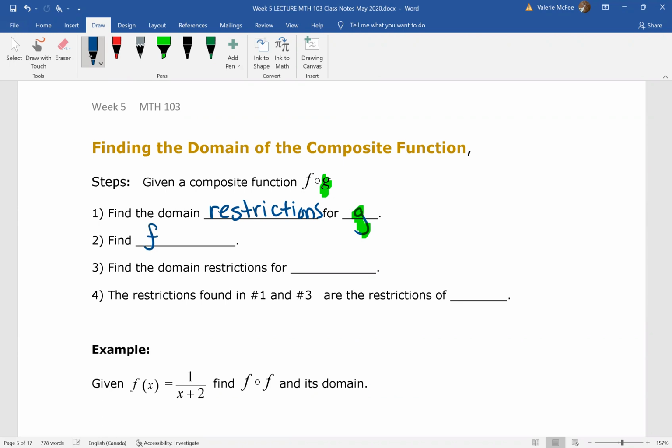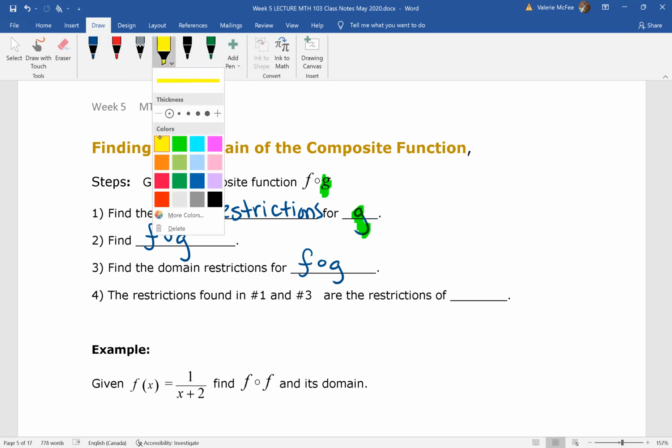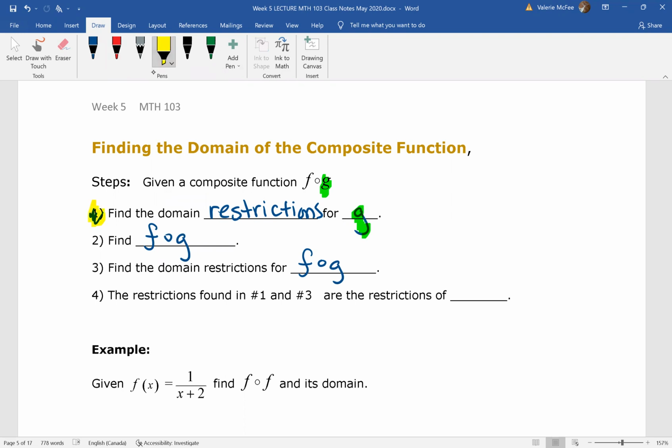Then you can find f composed with g and find the domain restrictions for that composite function. You're finding restrictions in 2 places, here and here. So the restrictions found at the beginning and the end are the restrictions of your composite function.